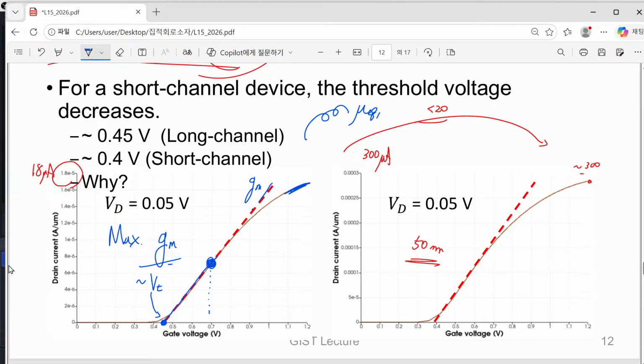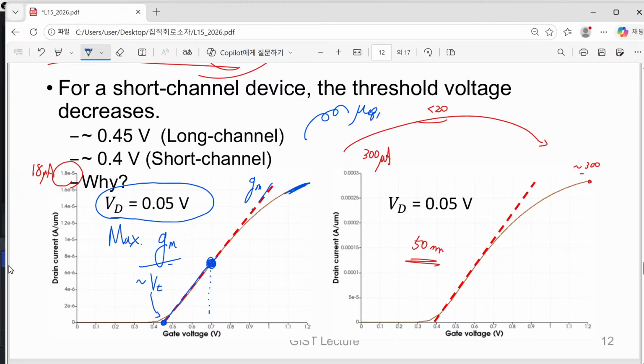Of course, usually we do it with quite a small value of drain voltage. Therefore, usually the impact of drain voltage can be minimized.